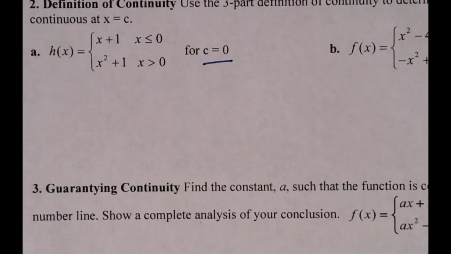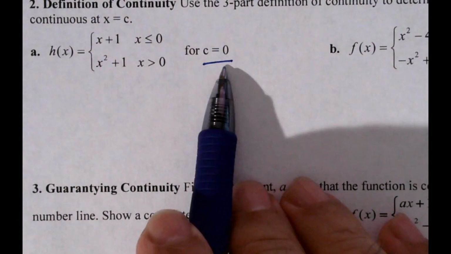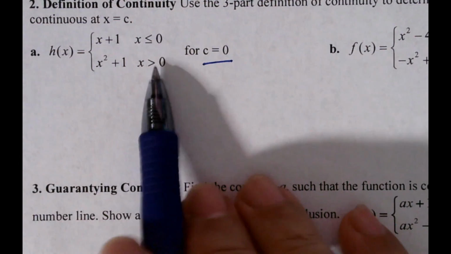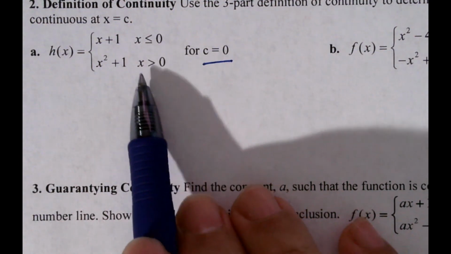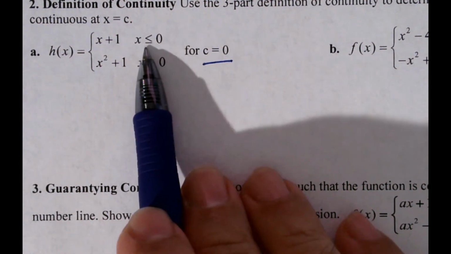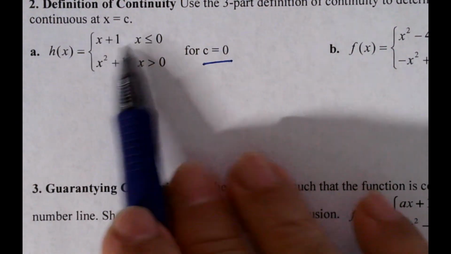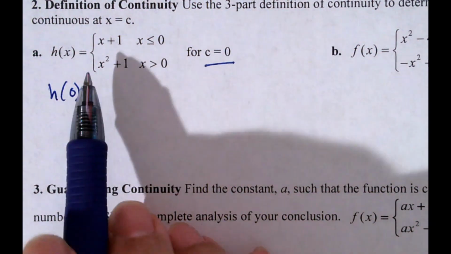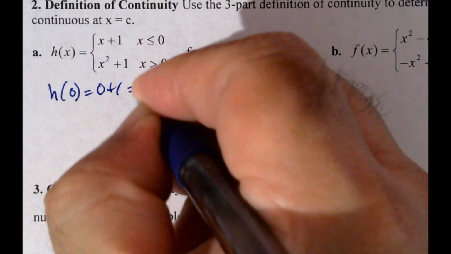So we're going to plug in 0. When you plug 0 into this, you first have to decide which part it goes into. 0 is not bigger than 0. 0 is equal to 0, so I'm going to plug it into the top part. So h of 0 equals 0 plus 1, so it's 1.